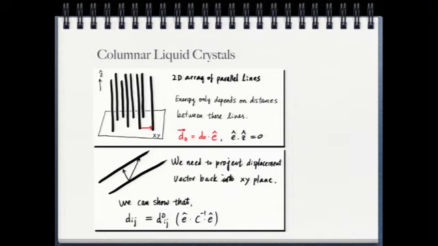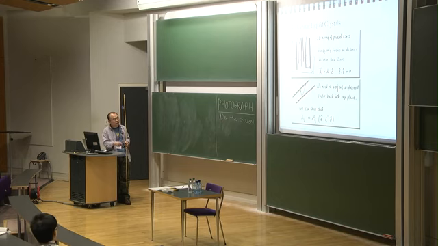The calculation is quite similar. It's d naught in the undeformed state, d in the deformed state, and then we have to work out how the vector between two lines changes, and subtract off the longitudinal components. If we do that, we'll find that d changes like this.